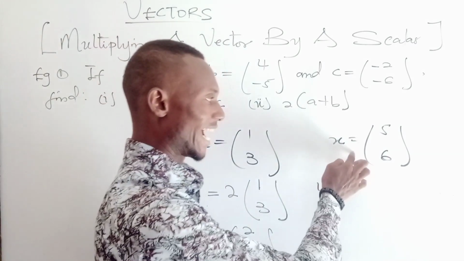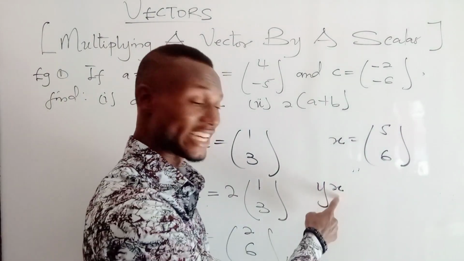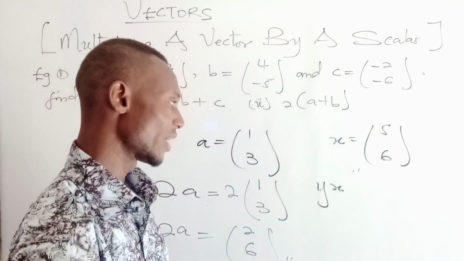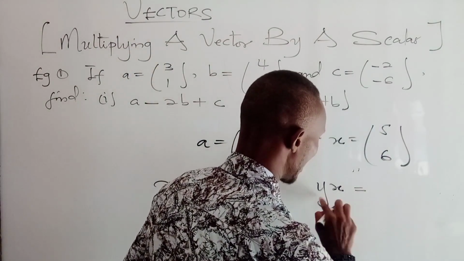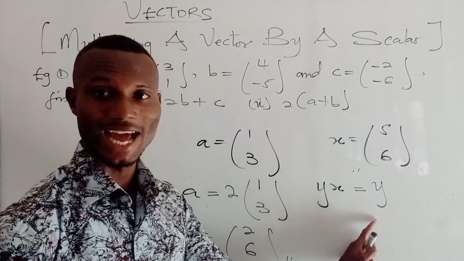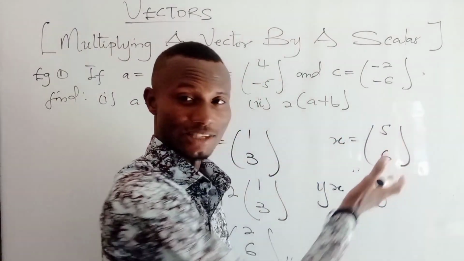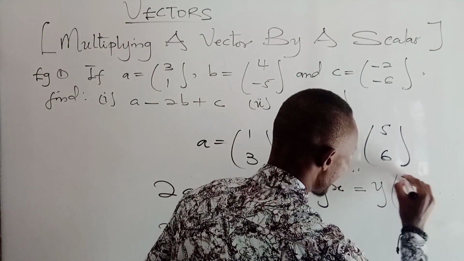So I have vector s here, which is given to be 5, 6, and I have y multiplying the vector s. So this y is the scalar. Let's go ahead and simplify this one. I'll bring my equal sign and I'll repeat my y, which is the scalar, multiplying the vector s. The value of the vector s has been given, which is 5, 6. So I'll write my 5, 6 there.